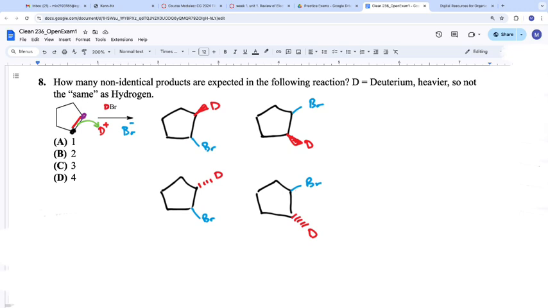Because it's also coming in from above or below. That bromide is still coming in from above or below, which means that could be wedged, or that could be dashed. The other one could be wedged, or dashed. Getting the idea?